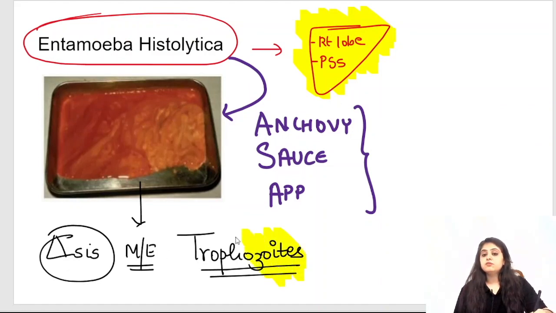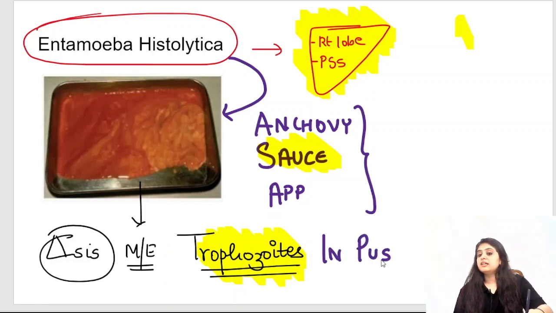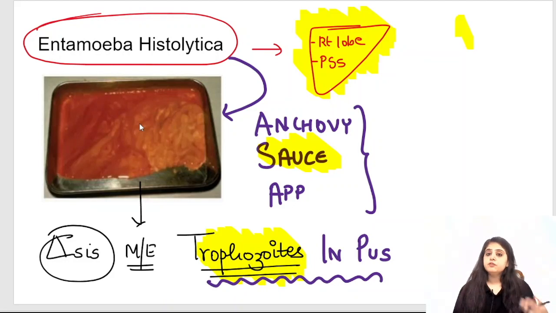By looking at trophozoites. Where do we look at trophozoites? In this pus, in this anchovy sauce pus. So remember and learn it by heart that for the diagnosis, you have to see trophozoites in the pus. It has no relationship with the stool because you're talking about liver. If you were talking about intestinal amoebiasis, then I would have told you to take a stool sample.